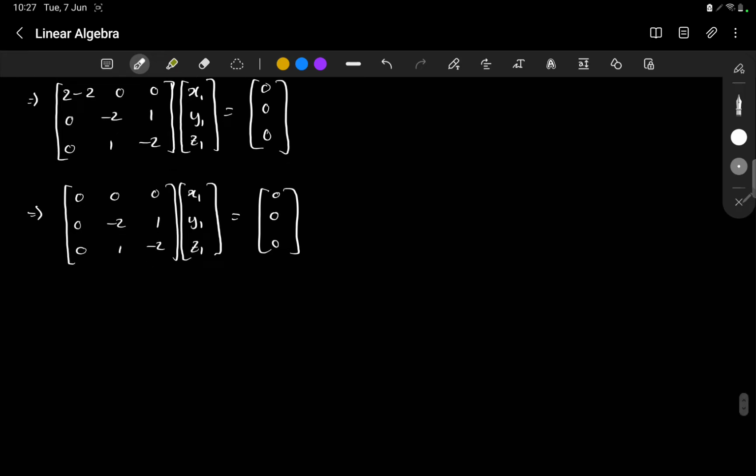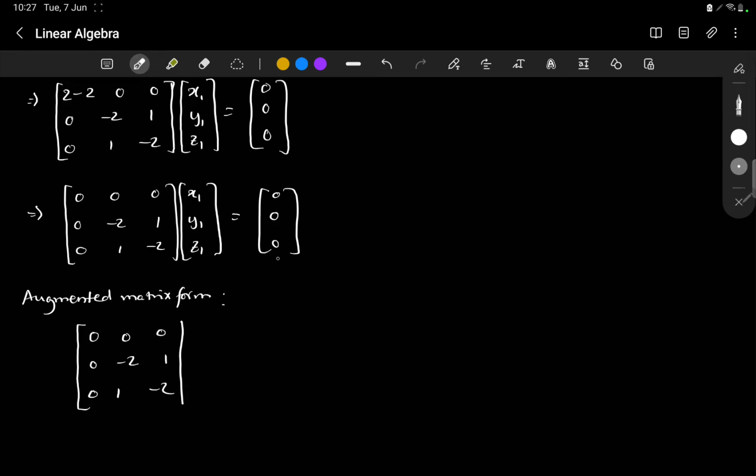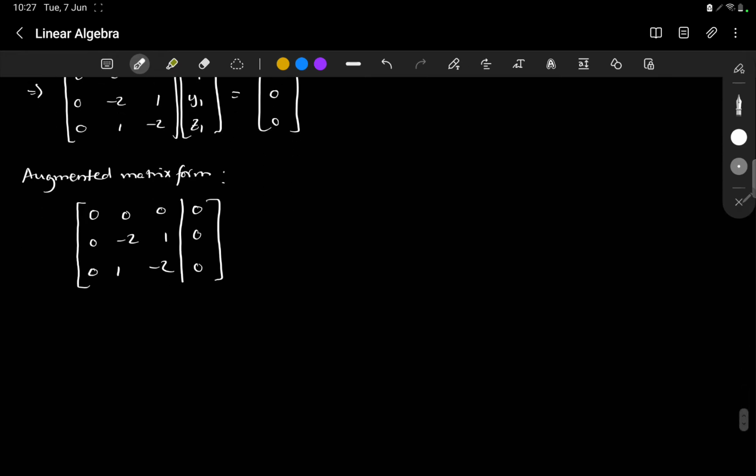So let us write it in the augmented matrix form, wherein we will write the square matrix and the constant right hand side column matrix, which is 0 0 0 over here, and we will not write the variable matrix.